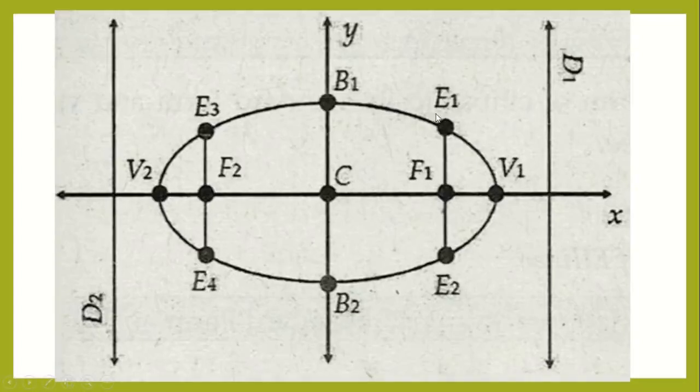We have E1, E2, E3, E4. Ano yun? Yun yung endpoints of the latera recta. And we have equation of the directrices, D sub 1 and D sub 2. So, marami tayong i-determine ng points ng ellipse para ma-draw o ma-sketch natin yung graph of the ellipse. Okay? So, yon yung mga parts ng ellipse.